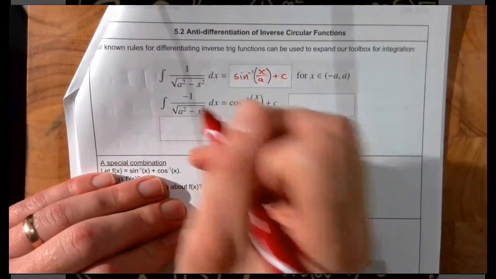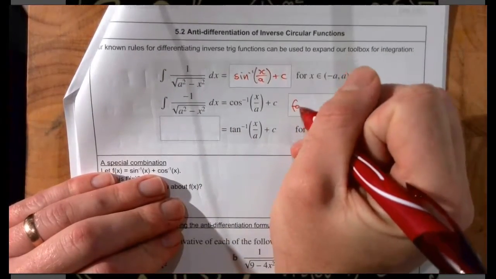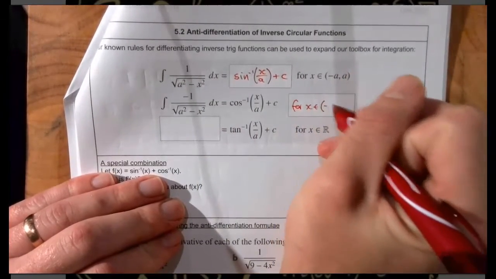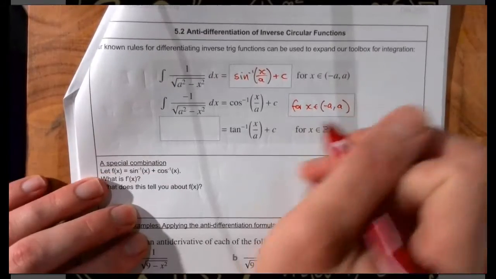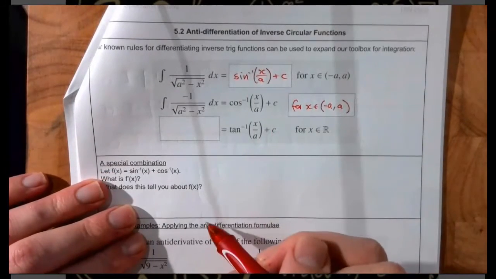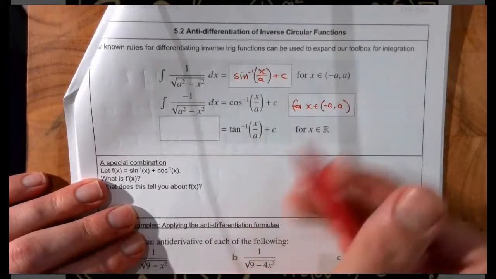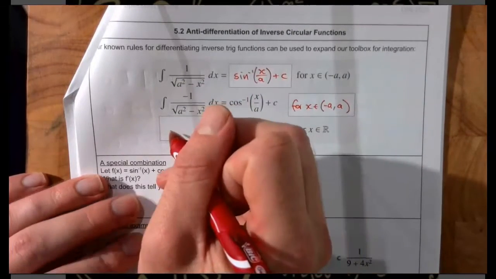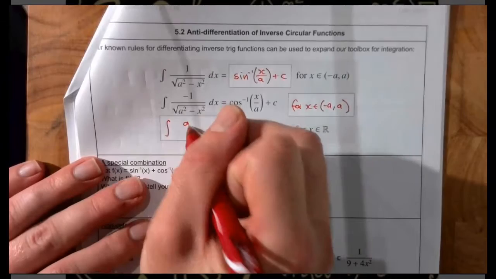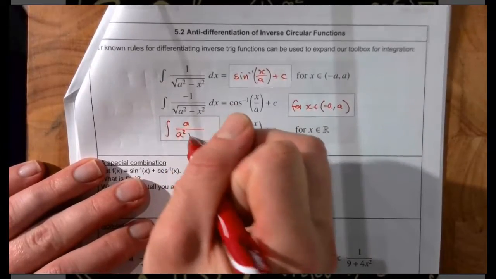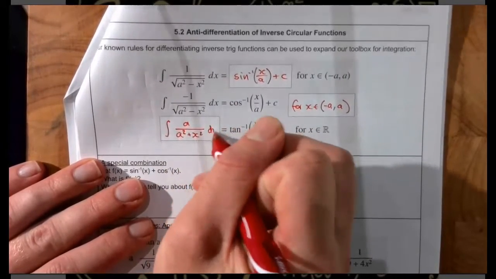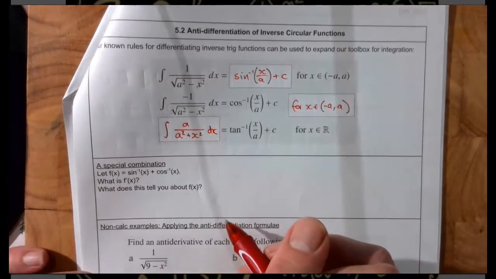For a result which gives us cos inverse, well, the domain of that is going to be exactly the same, because the range of cos inverse is the same as the range of sine inverse. And we remember the slightly tricky one, we don't have the square root, and we have a on top. And that gives us the rule for tan inverse.